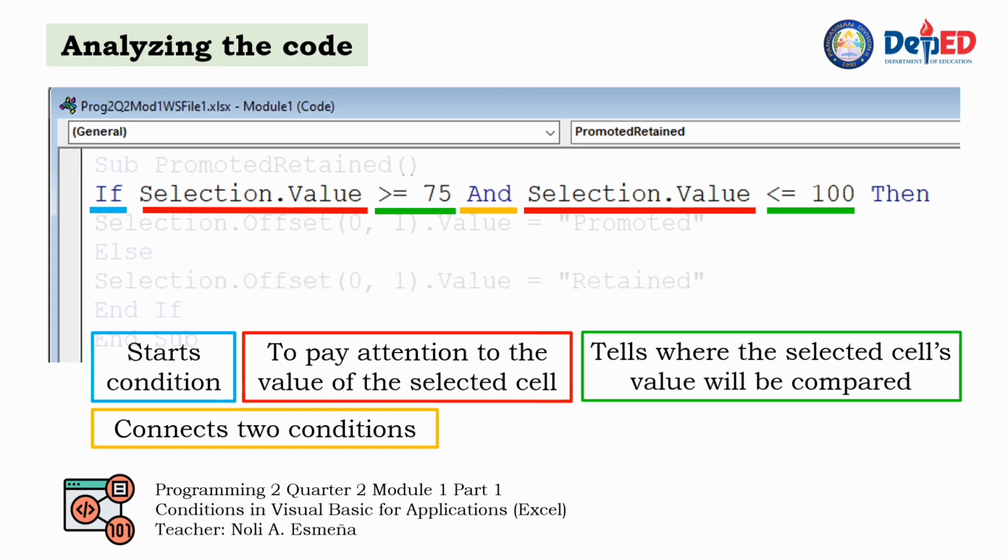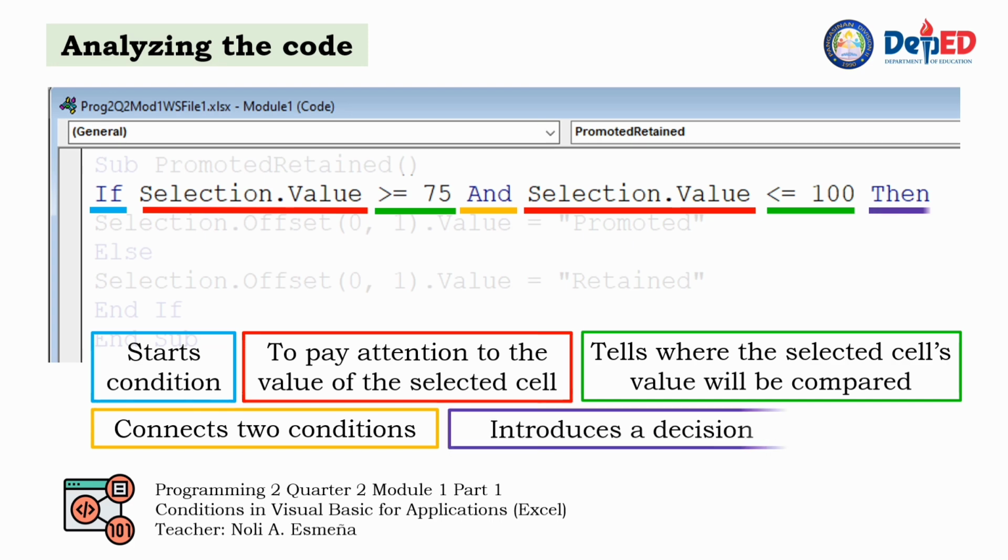Lastly, we also use the then keyword. The purpose of this code is to introduce the decision or the event that Excel will be doing just in case the conditions that we have just created are met.